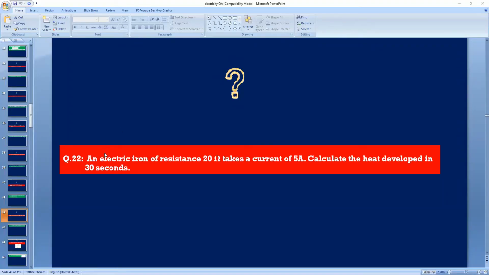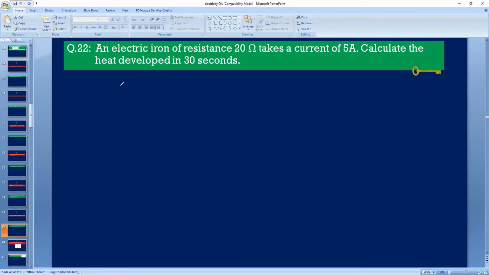Next question. An electric iron of resistance 20 ohms takes a current of 5 amperes. Calculate the heat developed in 30 seconds. The resistance R is equal to 20 ohms. Take electric current I is equal to 5 amperes. Calculate the heat developed in 30 seconds.